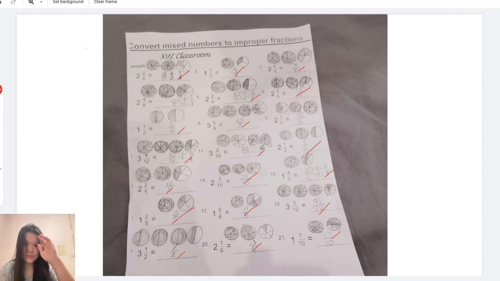Oh, one has 11 slices. 11? The third one has 11 slices. I think it only has 8, right? 1, 2, 4.